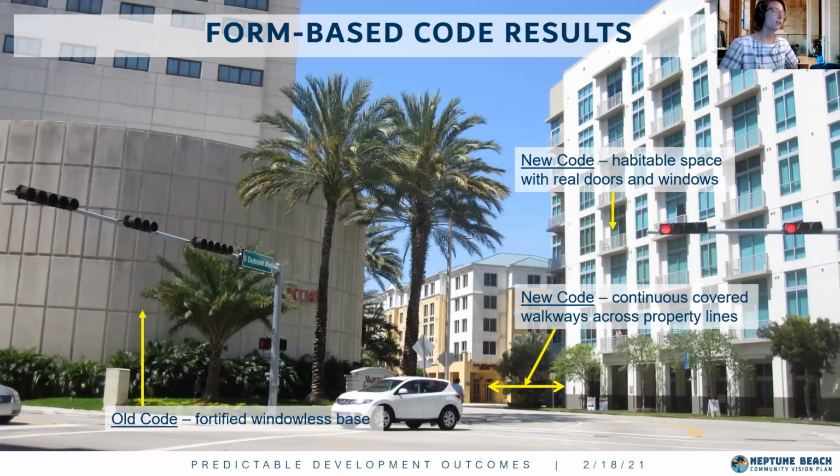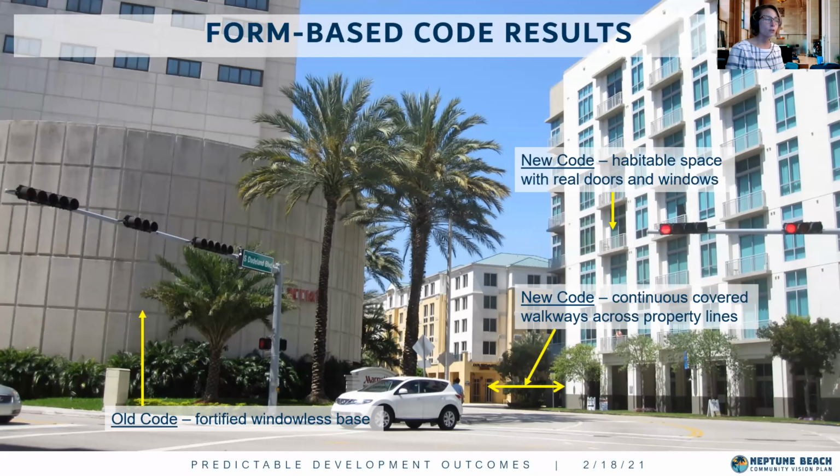So just to compare, this is an area near South Miami where you can see a building that was constructed on the left with the old conventional zoning code that allowed commercial and office buildings with very little prescription on how that building meets the street, meets the sidewalk.